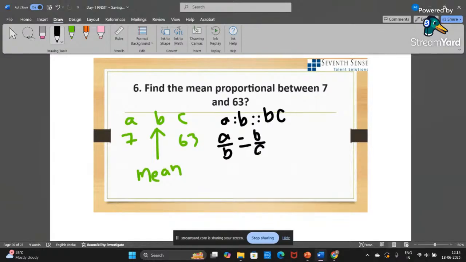We need to find out B. Just modify this. B square equals AC.